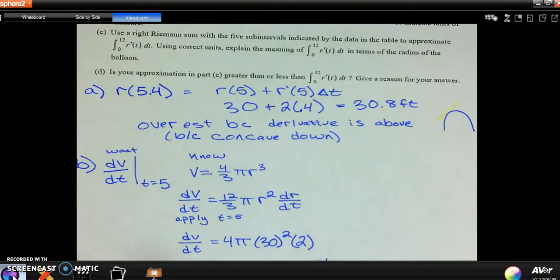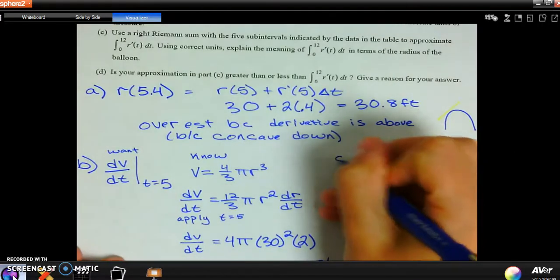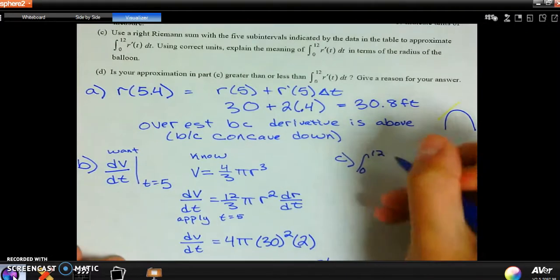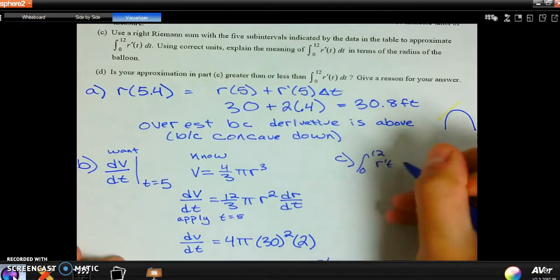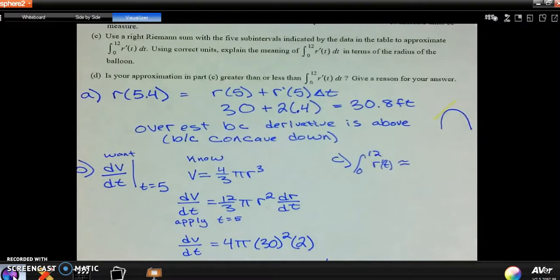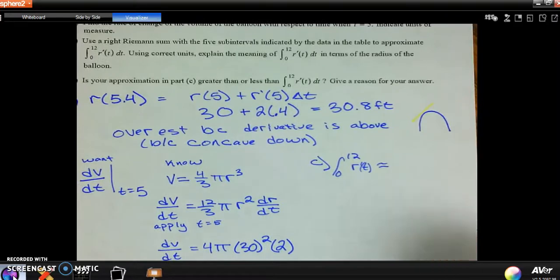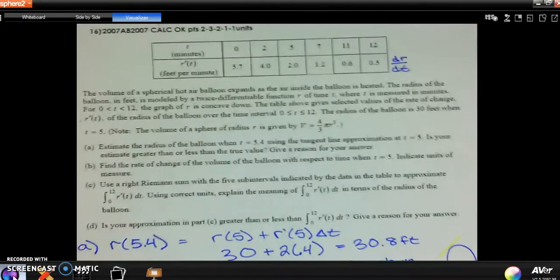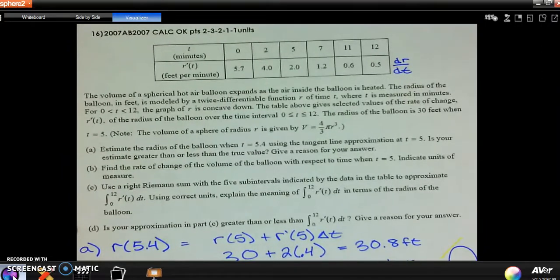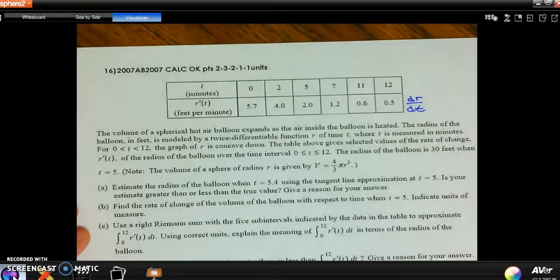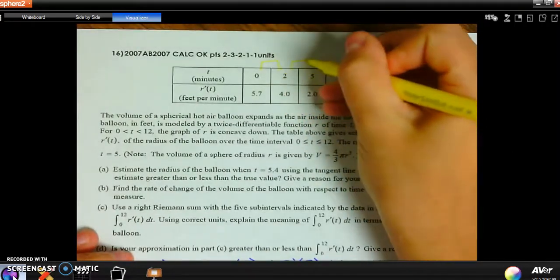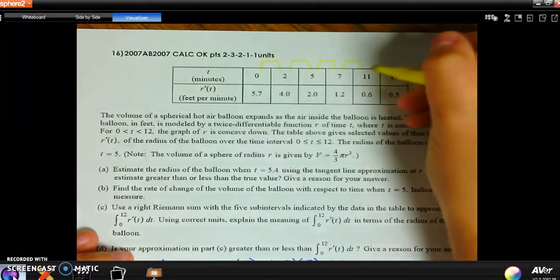So we are going to estimate the integral, approximately. Remember, it said to use 5 subintervals. So if you are going up here, you'd say, okay, there's 1, 2, 3, 4, 5.